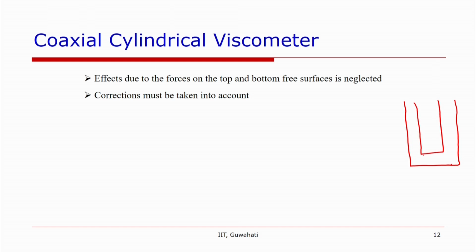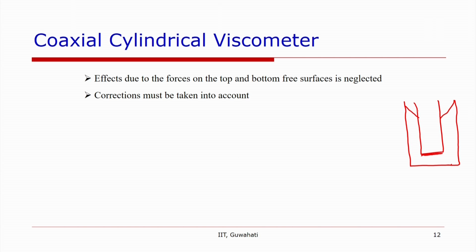So there will be the effect of the top surface, plus there will be an end effect at the top, because of the meniscus, for a non-viscoelastic fluid, the fluid surface will look something like this.